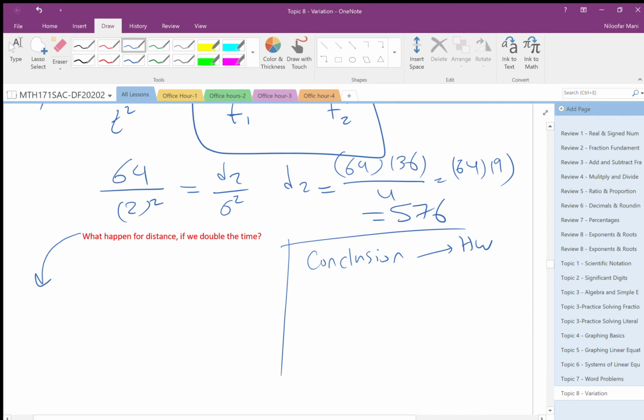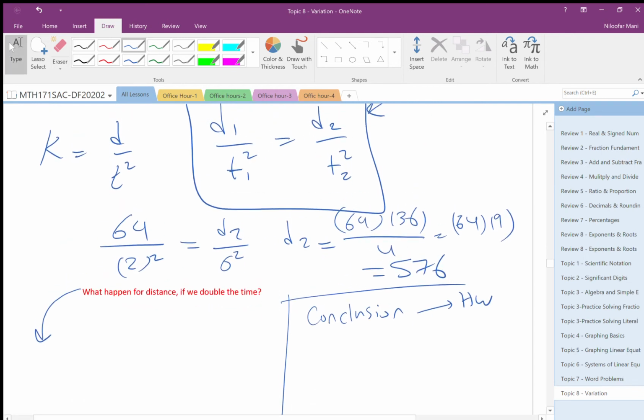Here, that's a very good question. What happens to distance if time is doubled? I want to show you. It's not always that distance is doubled, because here is t squared. d is kt squared, so d1 is kt1 squared, and t2 is 2t1.